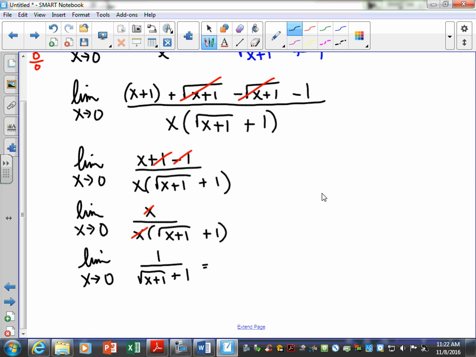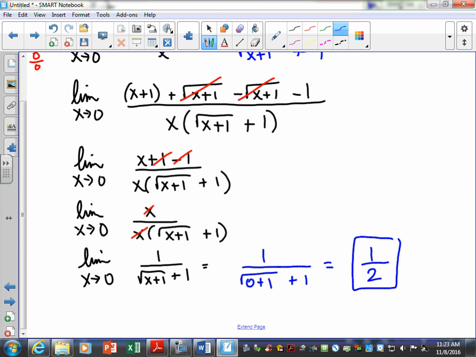Okay, there's nothing else I can simplify, nothing else that cancels, so what do we do at this point? Attempt direct substitution again. So we would plug in our value, so we're going to have 1 over the square root of 0 plus 1, plus 1. And we simplify to 1/2.